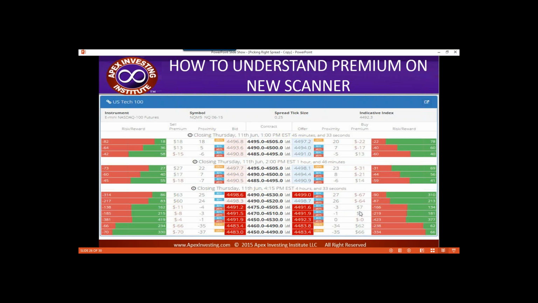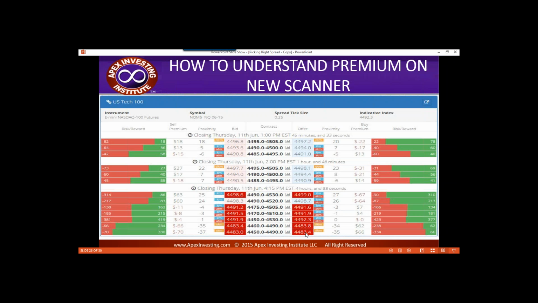Okay, but now look at this one. DITM, deep in the money. ITM means in the money. Look at this one. $66 of premium. Positive. What does that mean? Well, right now the market's at 44.92. Where can I buy this spread at? 44.83.